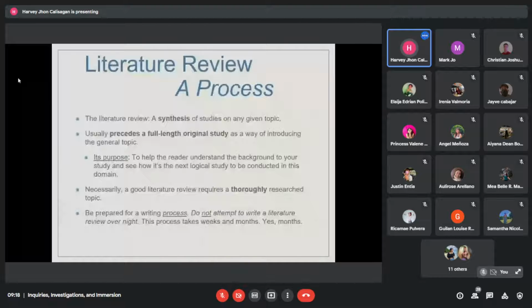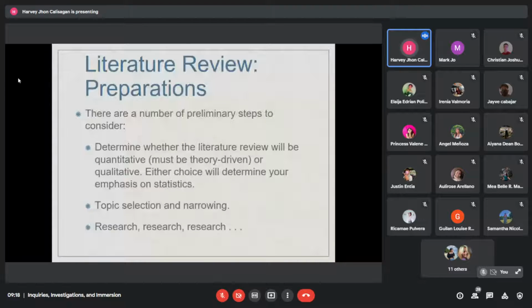Let's talk about the preparations of the literature. There are a number of preliminary steps to consider. You have to know whether the literature review will be quantitative or qualitative. Either choice will determine your analysis of the statistics. Most of the references coming from the internet, the legit sources, are reliable resources. Most of them provide statistics, especially in quantitative research.